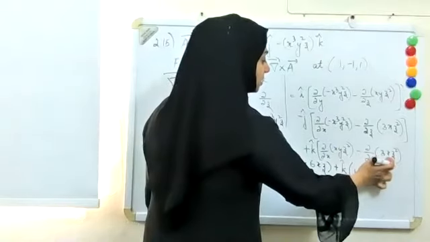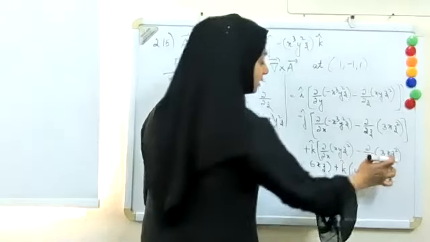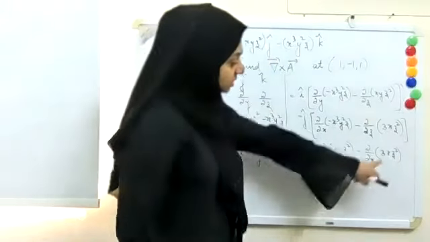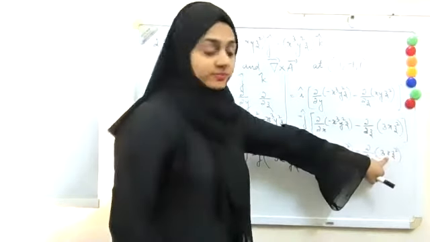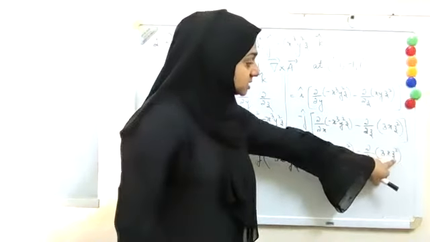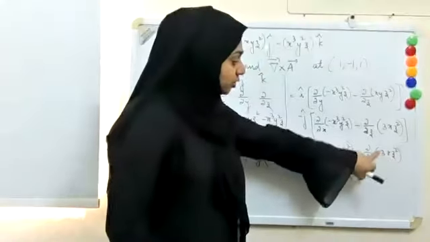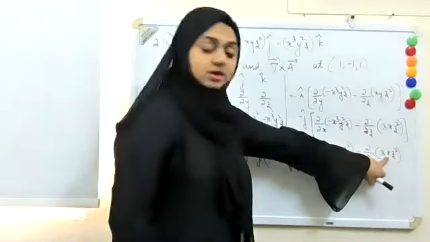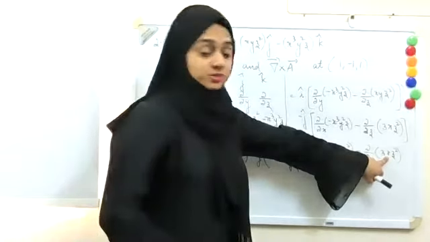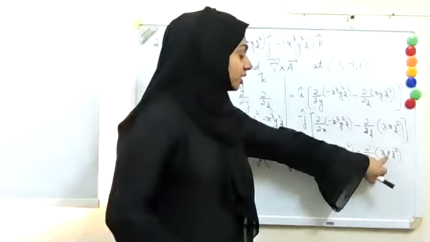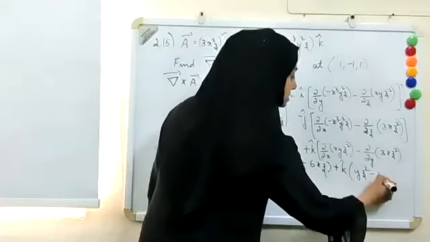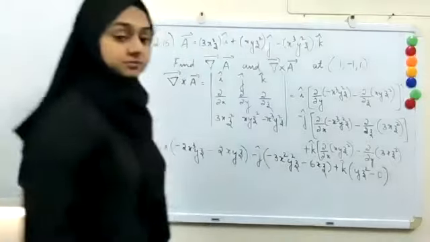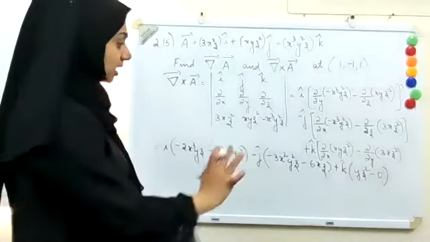Is there any quantity containing y here? Is there y in this term? No, it's 3x square, right? So dou by dou y of this will be considered a constant, and dou by dou y of a constant is 0. So this is how it is.